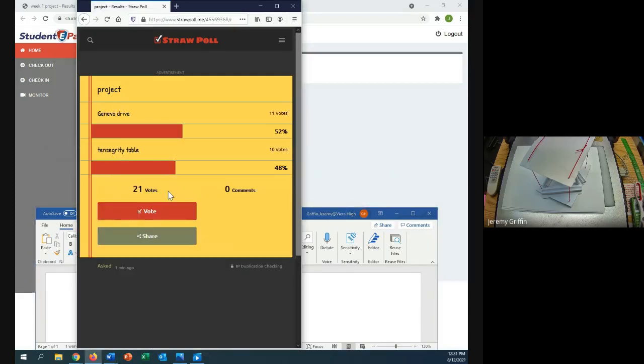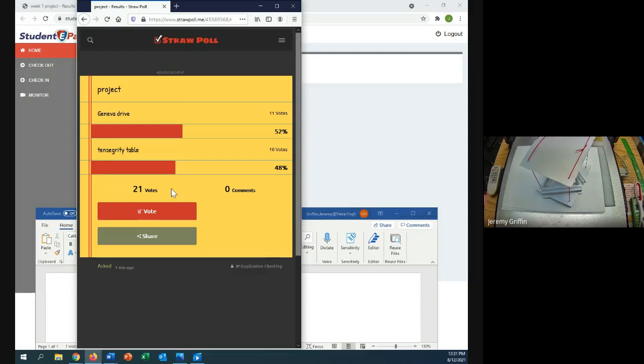Let's see. Looks like Geneva Drive is winning. Actually, since it was really close, let me check real fast.